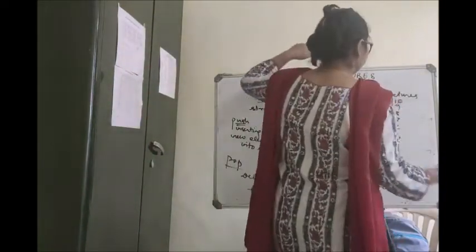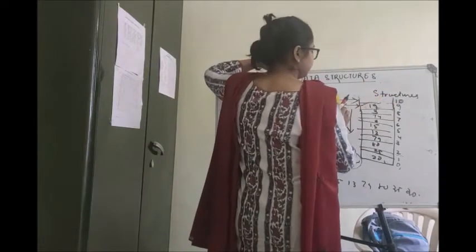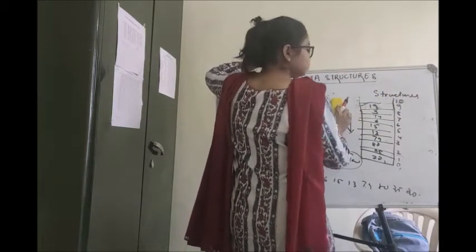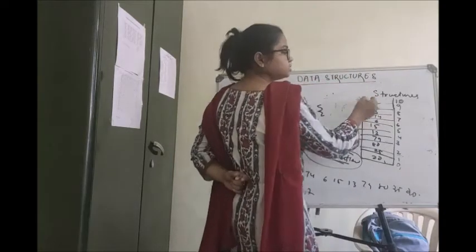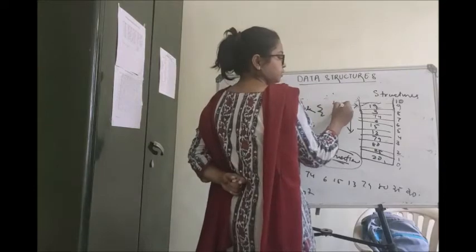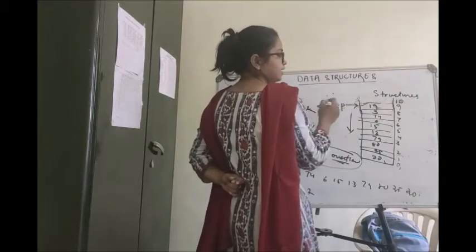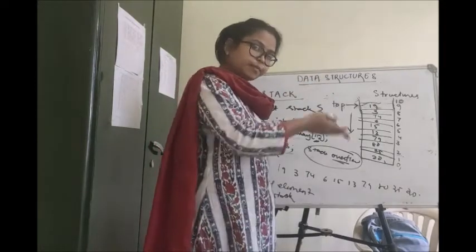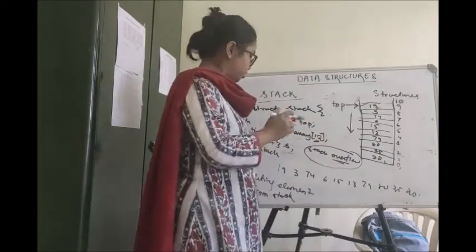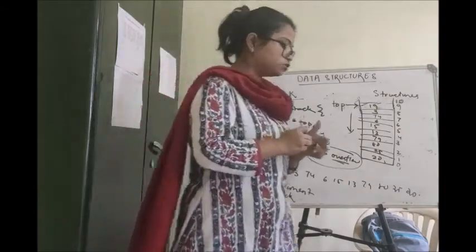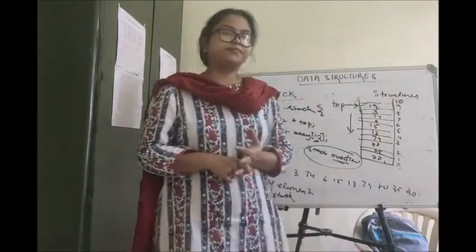This is removed, and top will be decremented and it will point to the topmost element. Now what is the topmost element? 19, isn't it? 19 is the topmost element. So top will point to 19. This operation of deleting an element and decrementing the top is called pop.